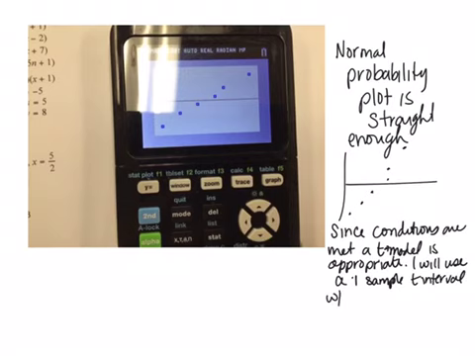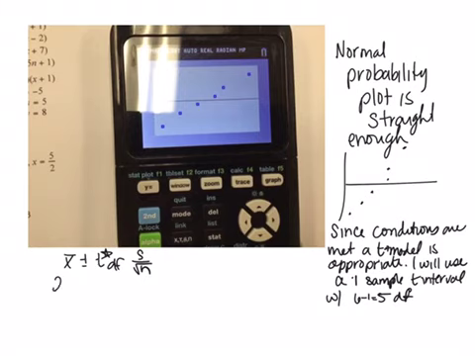I have 6 minus 1 is 5 degrees of freedom. You don't need to write the 6 minus 1, but I just put that there so you know where I got it. Their sample size was 6, so the degrees of freedom is 6 minus 1. My interval is my sample x bar plus or minus t star with degrees of freedom, and then s over the square root of n.